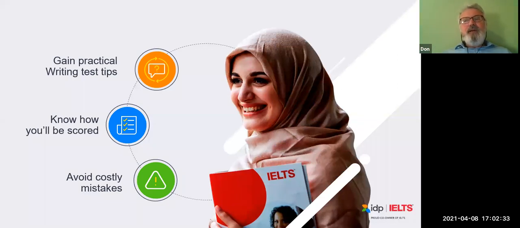Now, some people don't know these assessment criteria, and that leads to some problems. But I'm going to explain it to you today, and hopefully this will help you. Hopefully this will be practical advice. So we're going to give you some practical advice, and that means advice that you can really use when you do the writing test in IELTS.